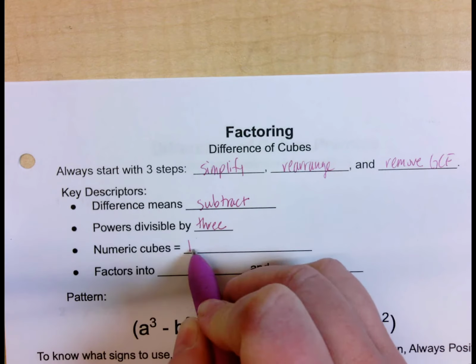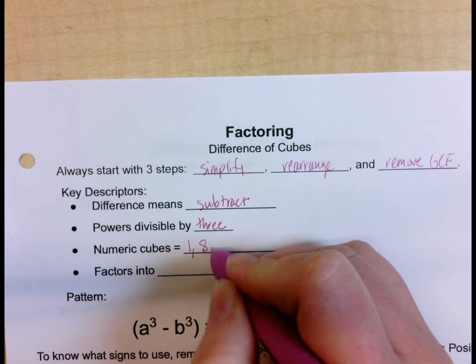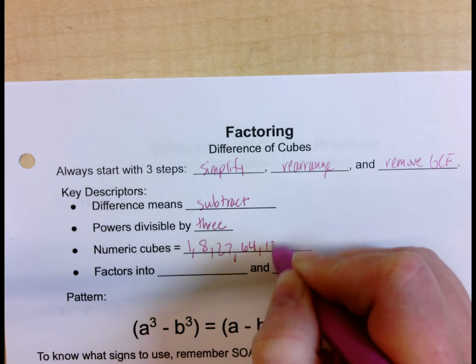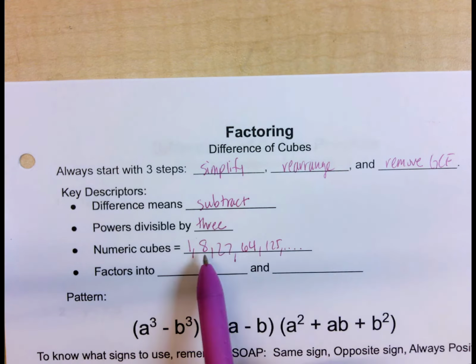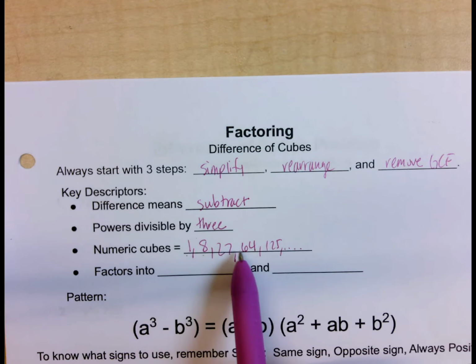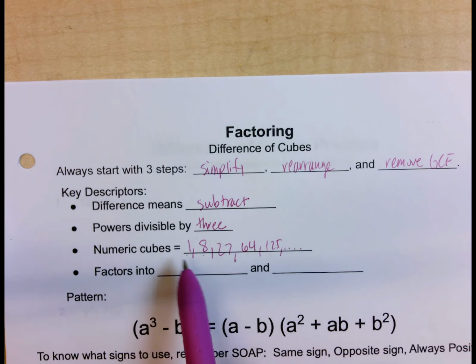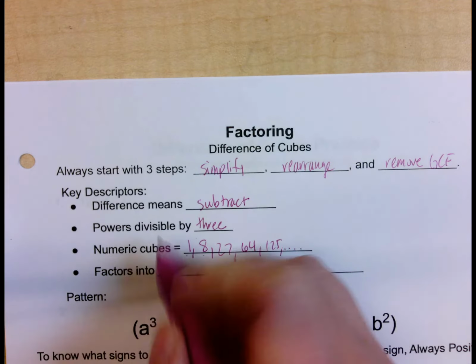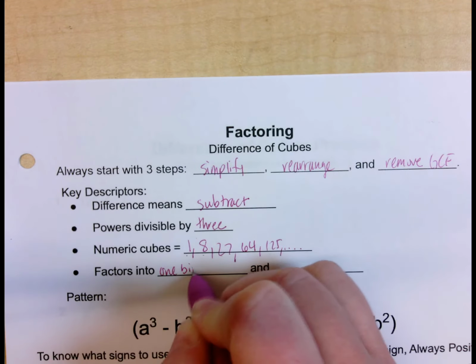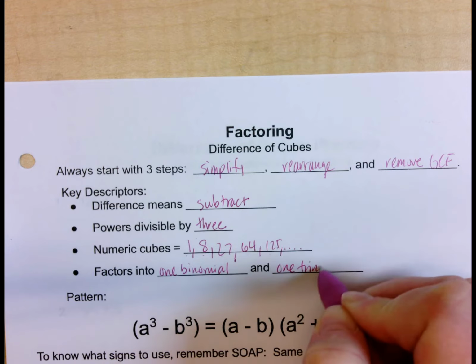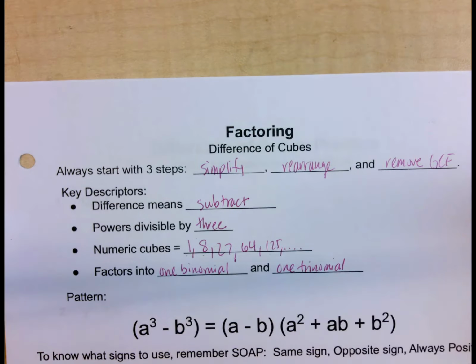So we're talking about numbers like 1, 8, 27, 64, 125, and so on. Like 1 cubed, 2 cubed, 3 cubed, 4 cubed, 5 cubed. That's where I got these numbers from. And what happens is if we meet all of these criteria, then it's going to factor into 1 binomial and 1 trinomial, which is a little different than we've done in the past.